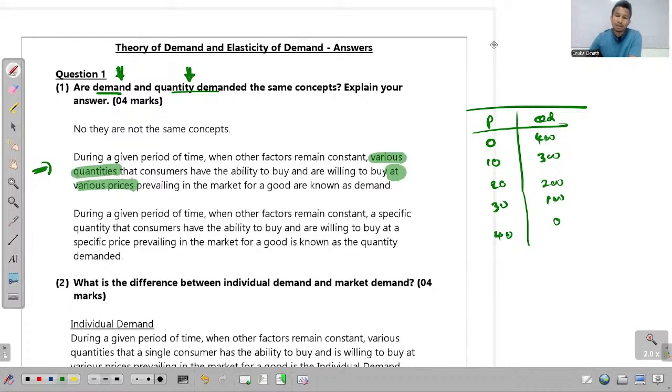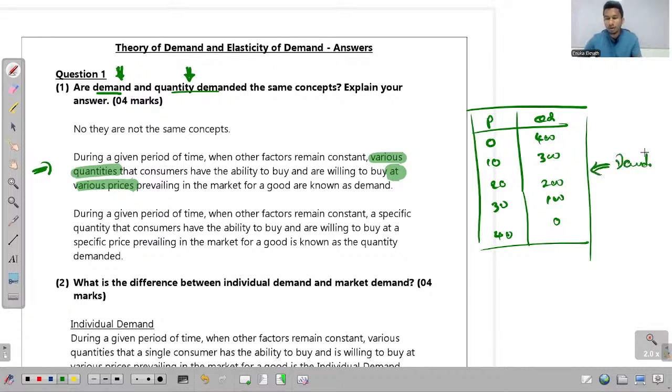If I ask this question, what do you see in this table now? In simple terms, you can tell me that you see various quantities at various prices. So we say that this entire table presents demand.